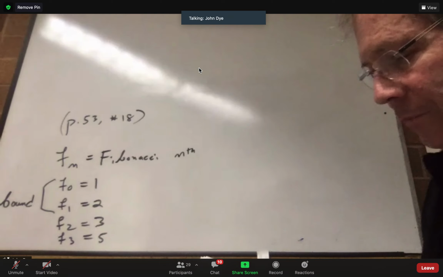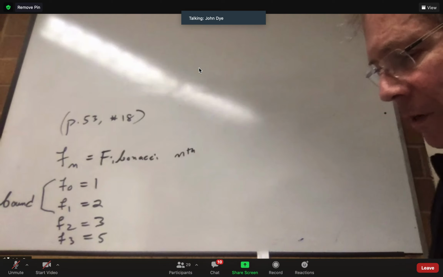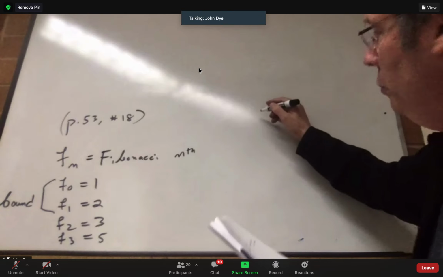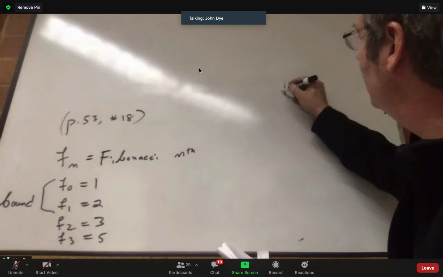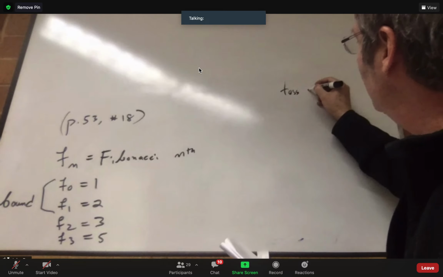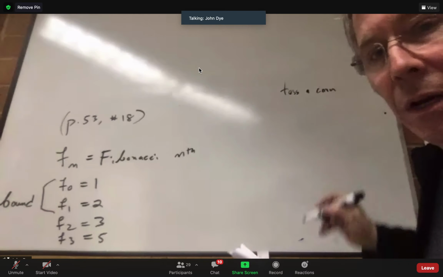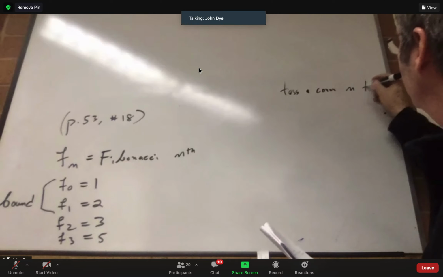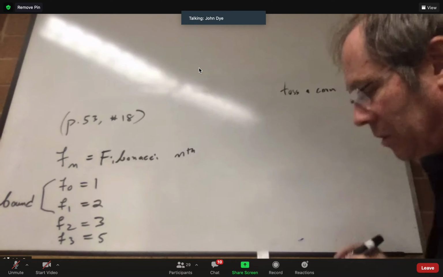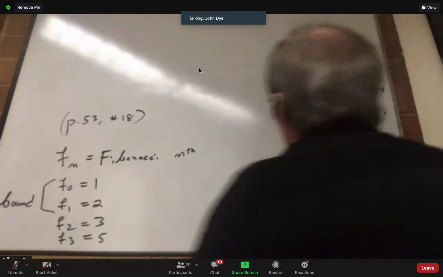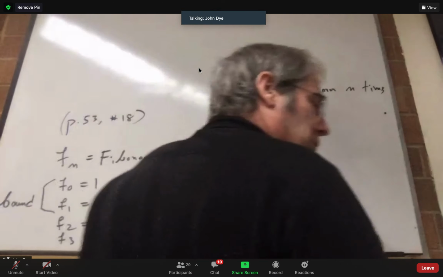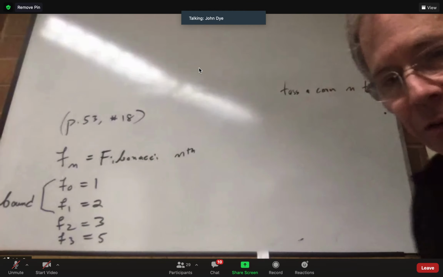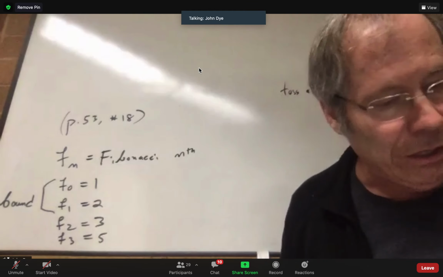Okay, so this problem asks something that will be of use on the test. How many ways could you toss a coin n times? And the question becomes, how many results where you don't have any consecutive heads? How to write that?